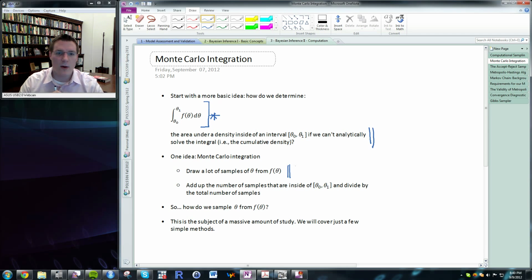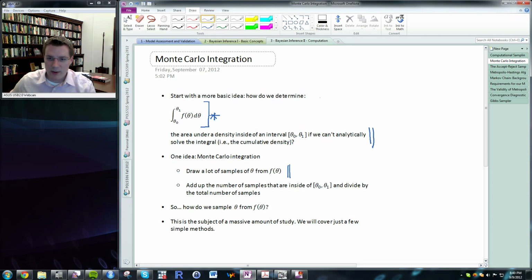For right now, I'm going to assume that it's trivial to draw certain kinds of samples, and in particular, it's trivial to draw uniform samples out of the uniform. And we're actually going to build up from there. But for now, let's just say somehow, through some technique, we're going to draw a lot of samples of theta from f of theta.